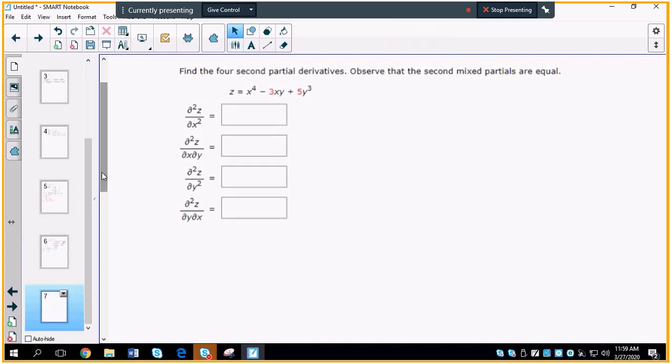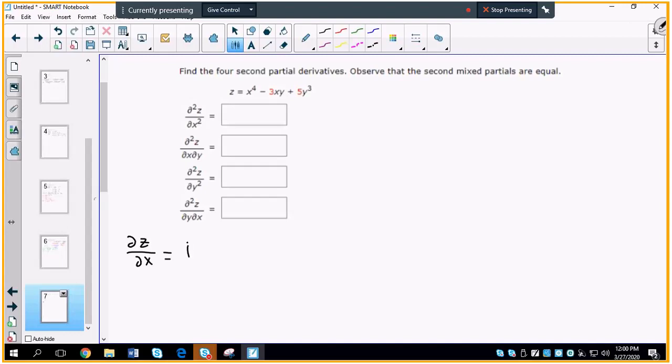So when I say del 2, del x2, just like d2, dx2, it is the second order partial derivative of the function with respect to x. In order to execute that, you're going to first take the derivative with respect to x. How do I write it? I say del z del x first. So do the derivative of the given function with respect to x.